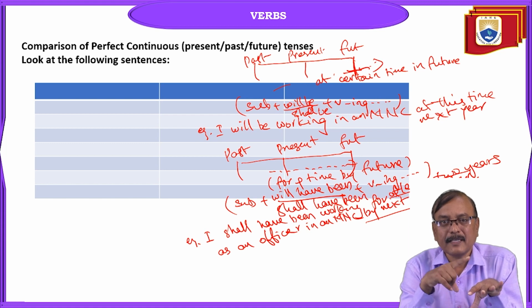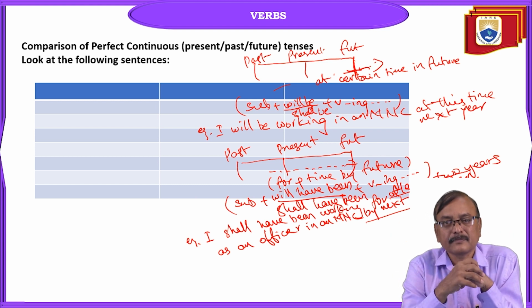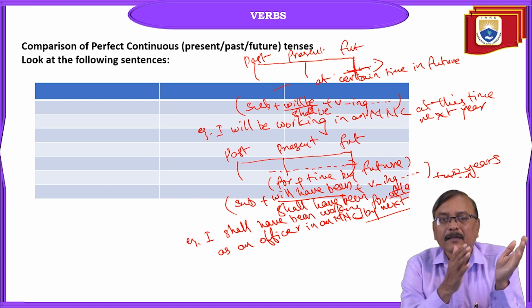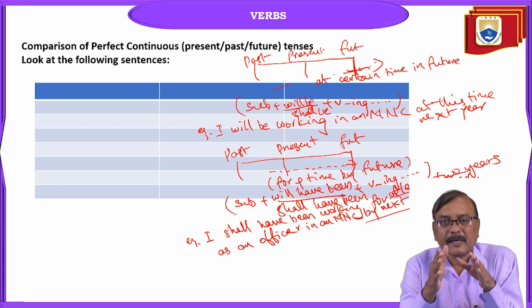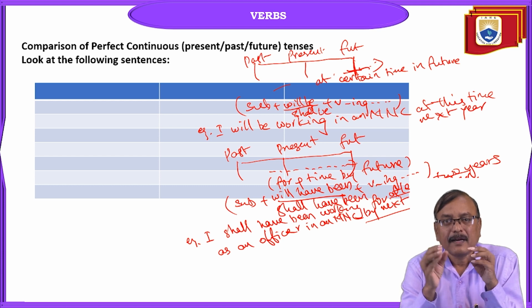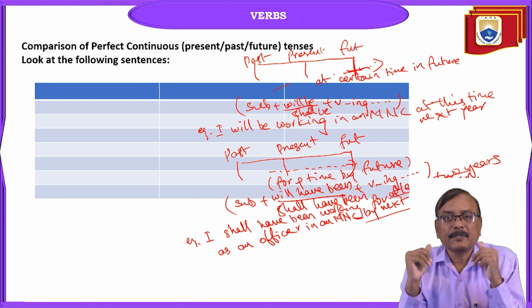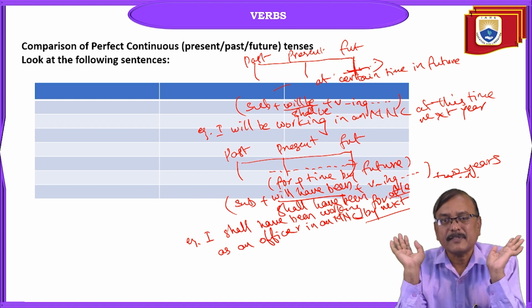Okay, present continuous or present perfect continuous, past continuous or past perfect continuous, future continuous or future perfect continuous. These are the 6. Next, for regular actions, simple present tense. Okay, for completed actions, for narration or describing events or when time is given, simple past. For the actions going to take place in future, simple future.